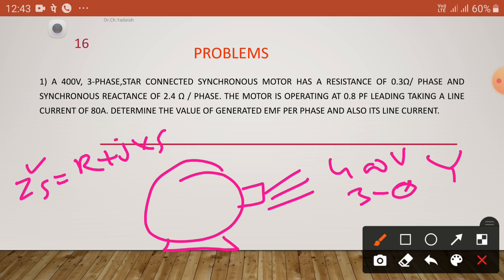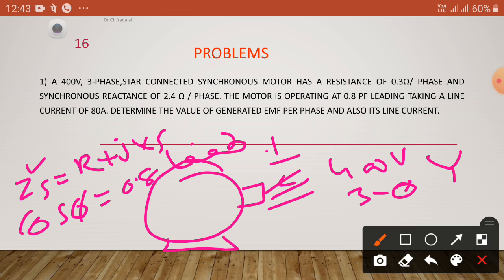The motor is operating at a power factor, cos phi, of 0.8 leading, that is, 0.8 PF leading. A line current of 80 amperes is given, so Ia is also given as 80 amperes.